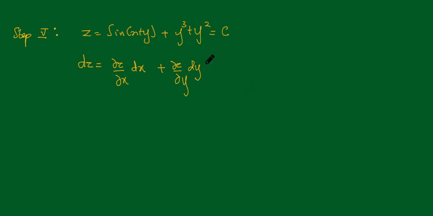And this is going to be equal to 0 because when you differentiate the constant, you get 0. So let's evaluate. The partial derivative of z with respect to x is given as cos x plus y.